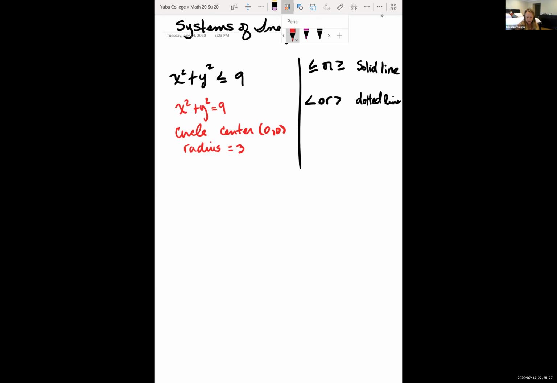So if we graph that, determine if you want it dotted or a solid line. We have the equal to part of the solution, and so we're going to make it a solid line.